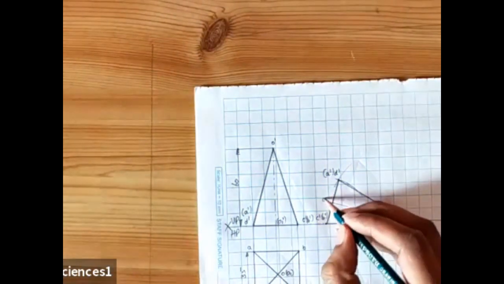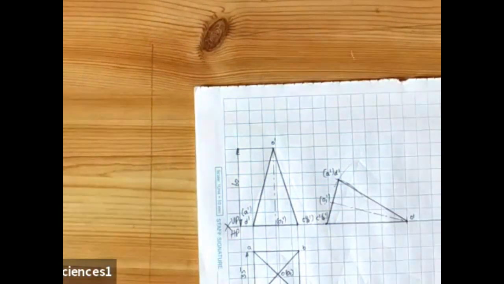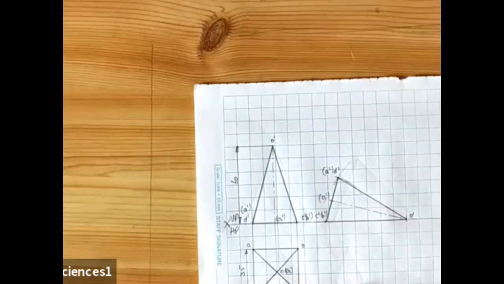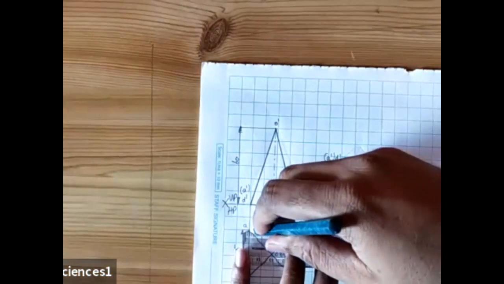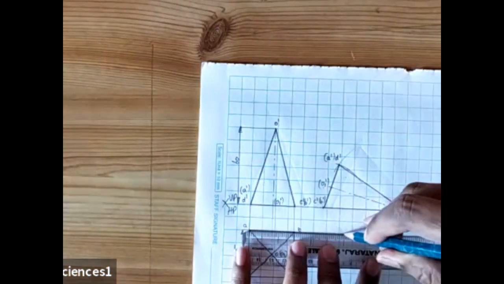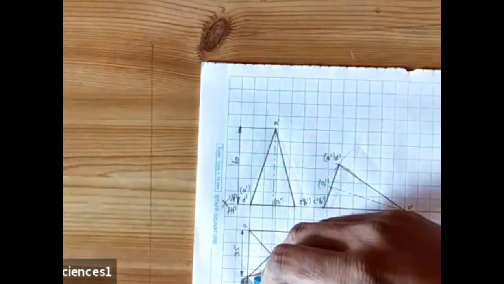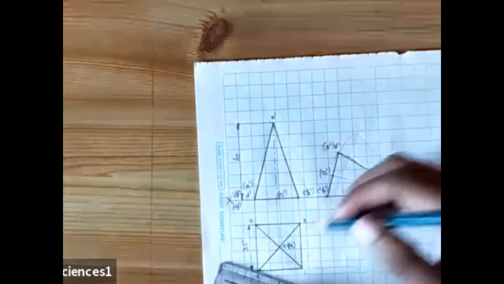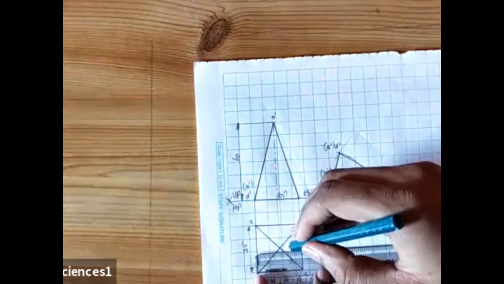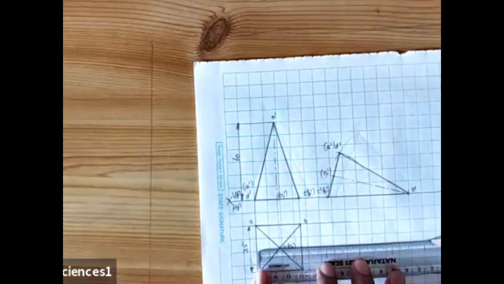This is your O1 dash. Fine. Now we'll be drawing the top view. The same condition. Extend this line from A to B. Again, extend the line from C to D, and even the axis. Extend the axis line also.